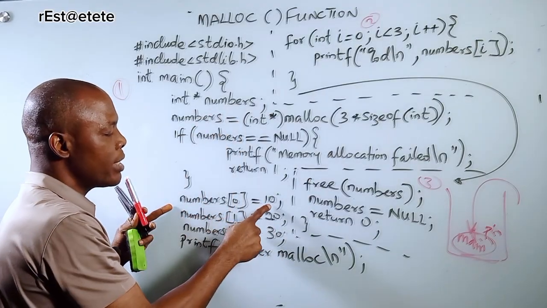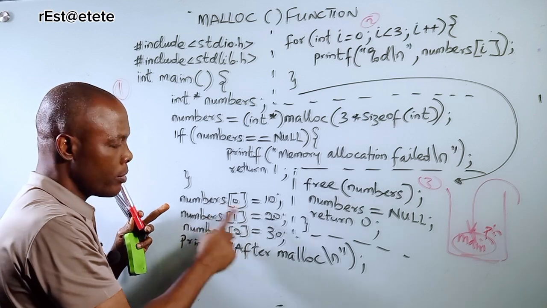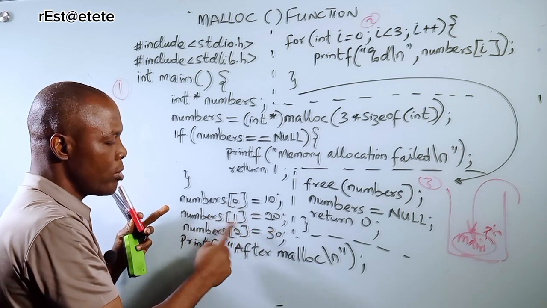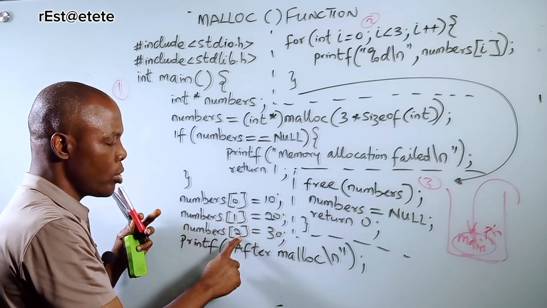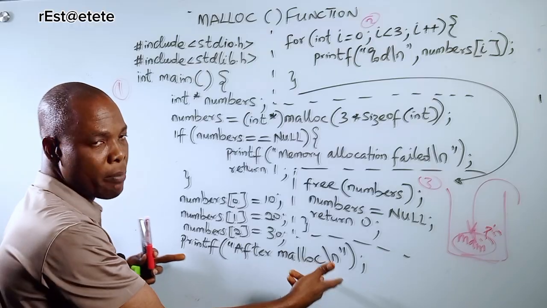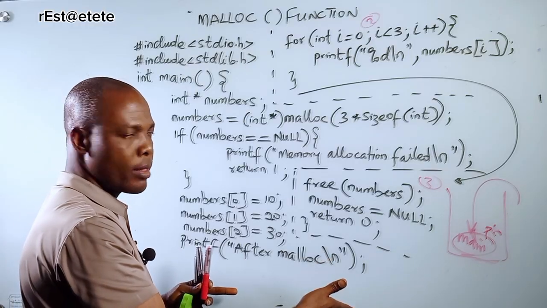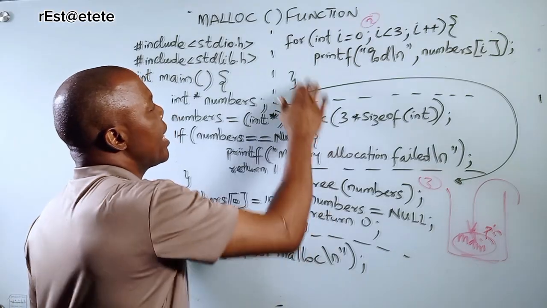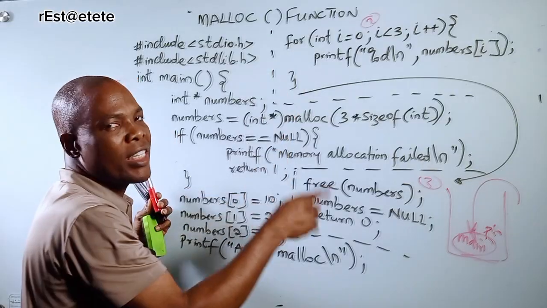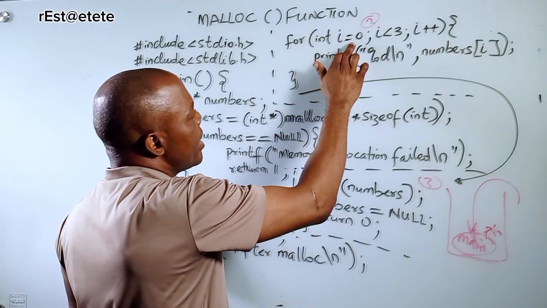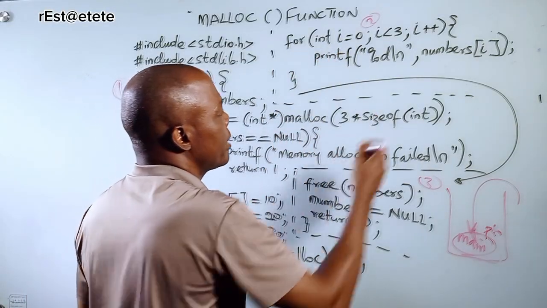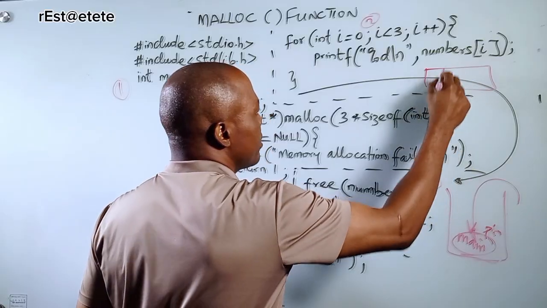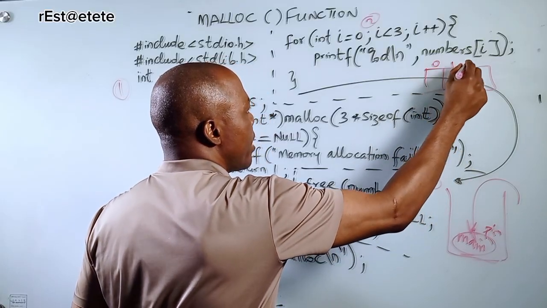Then it will assign 10 to the first location, 20 to the second location, and 30 to the third location. Then it will print out after malloc on the screen. Then it will go to the next line and use this for loop to access each of them. So for i equals 0, which is the first index, you have something like this: 0, 1, 2.